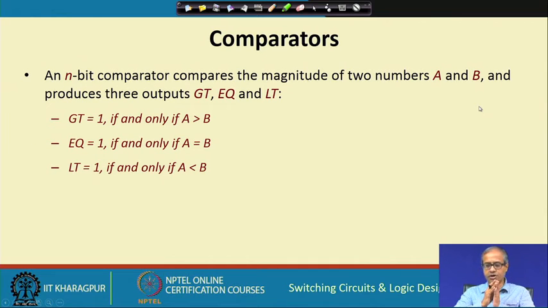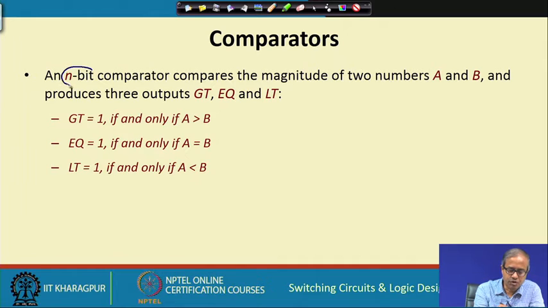Now, let us talk about a circuit element called a comparator, which is also very important. Sometimes we need to compare the magnitudes of two numbers, whether they are equal, whether one is greater than the other, or whether one is less than the other. This is called a magnitude comparator, or simply a digital comparator.